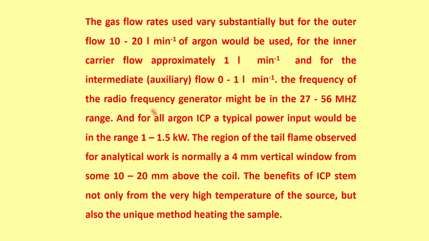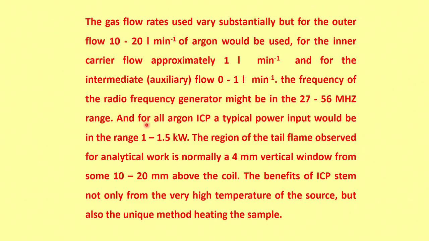You will find most of these details in the instrument manual. In general, they will recommend what the flow rate should be, what the megahertz range of the radio frequency generator is, and all that will be mentioned in the literature or the operating manual of the instrument.